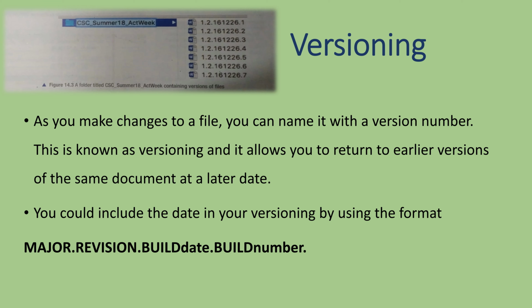You could include the date in your versioning by using the format major dot revision dot build date dot build number. Build date is the date on which a file was created, and the build number is the number within a series of versions from the build date.